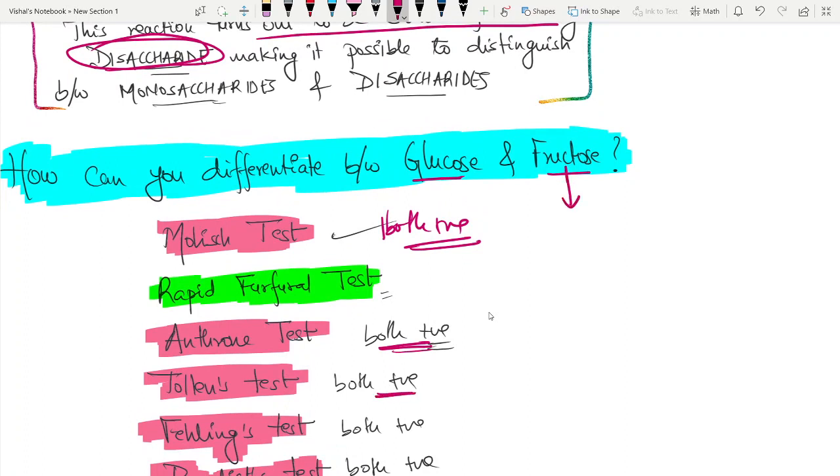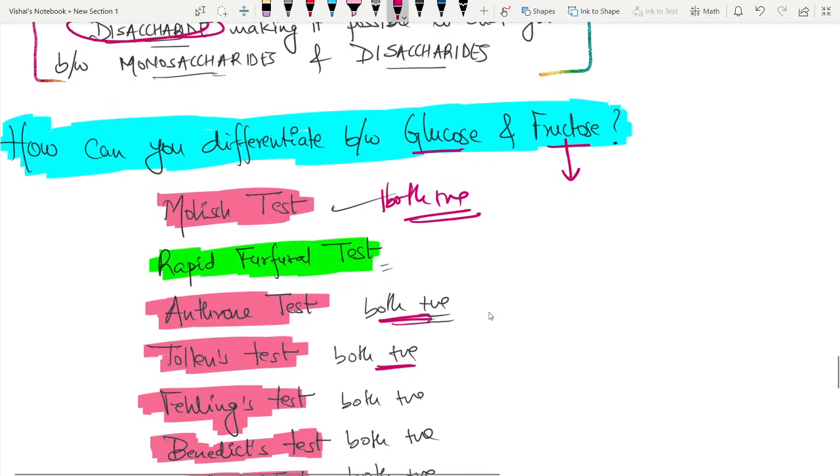Fructose will also give a positive Tollens test, because people who are thinking that fructose doesn't have any aldehyde group and it wouldn't give Tollens test, they are wrong, because it can tautomerize to give an aldehyde group, as discussed before in the video. So it's a reducing sugar also.